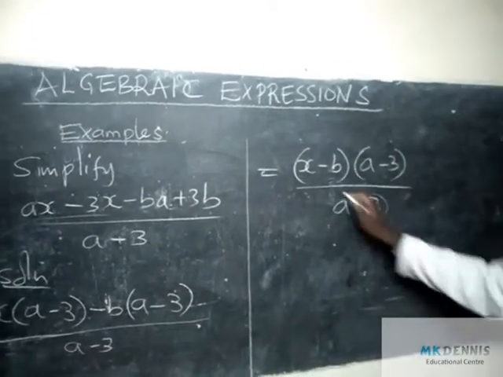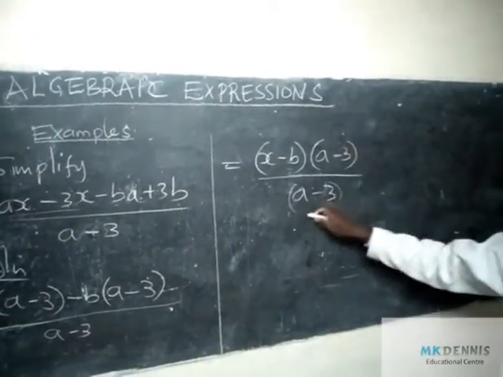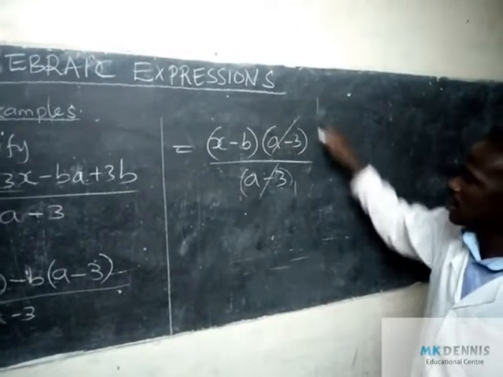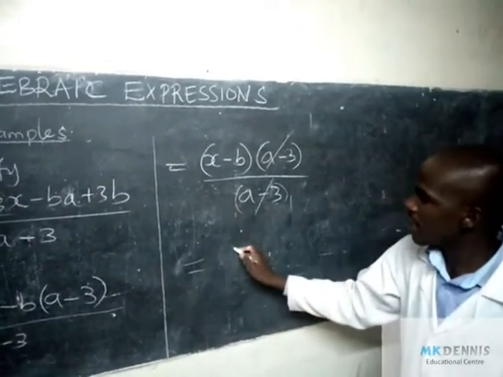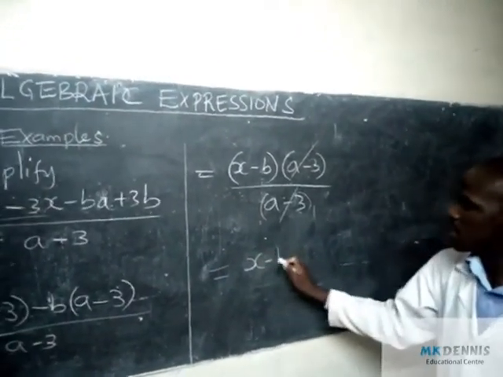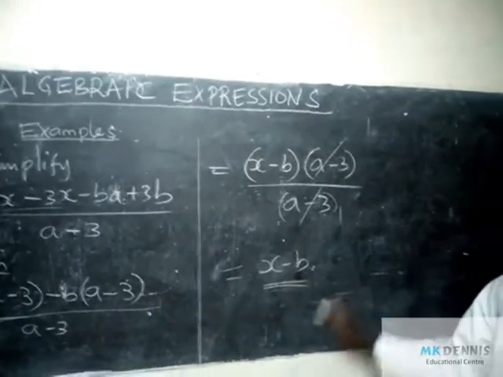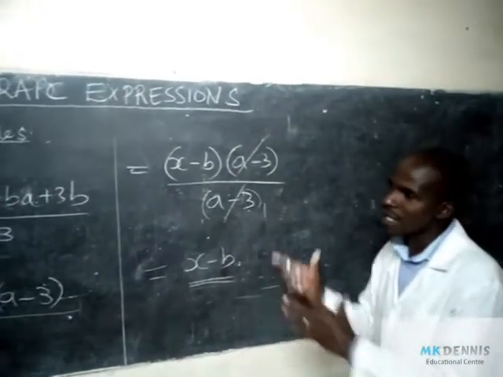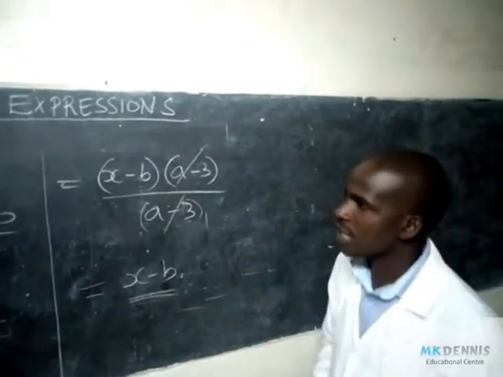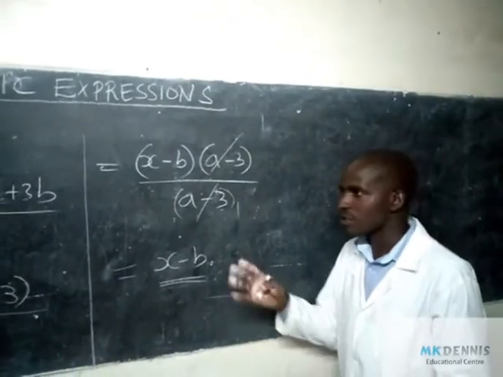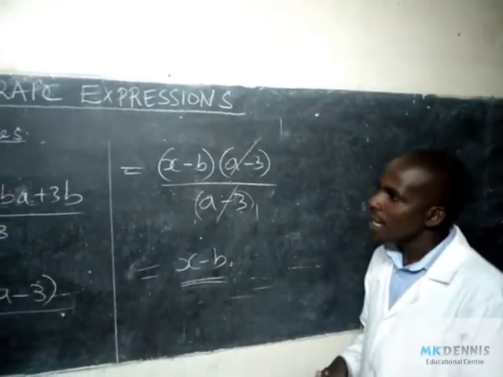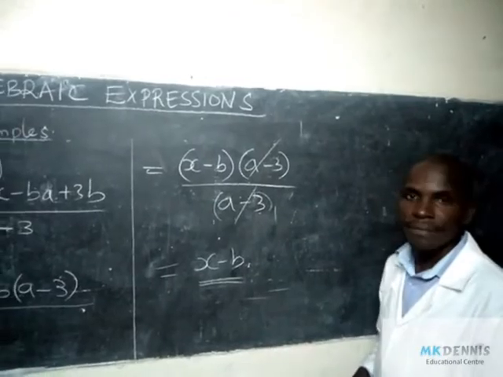This one is common, so a minus 3 over a minus 3 cancels, and the answer here is x minus b. So that's how you solve such a problem. That's how you simplify such. Thank you.